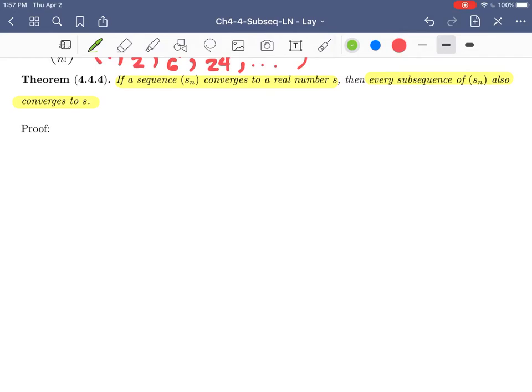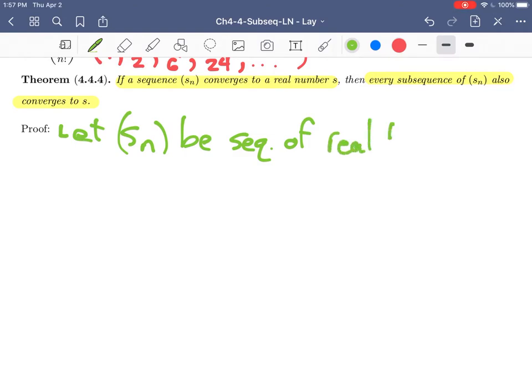Right? So let S sub n be a sequence of real numbers with S sub n converging to S. Then, if we know that, what does our definition of convergence tell us?